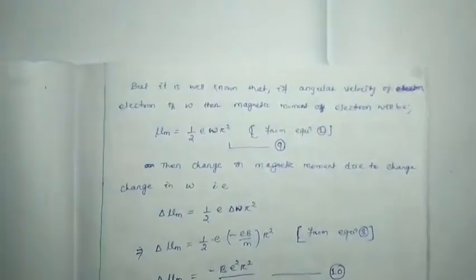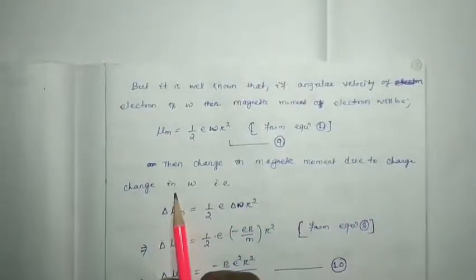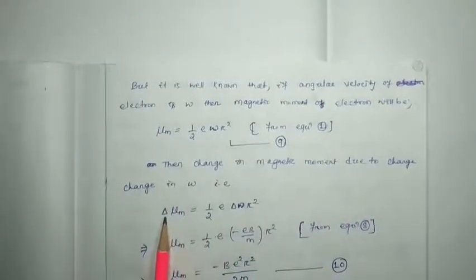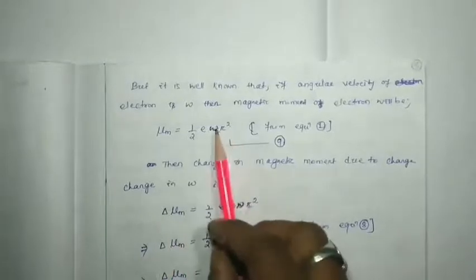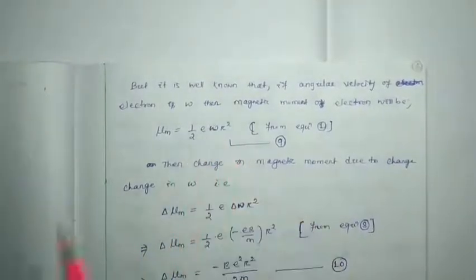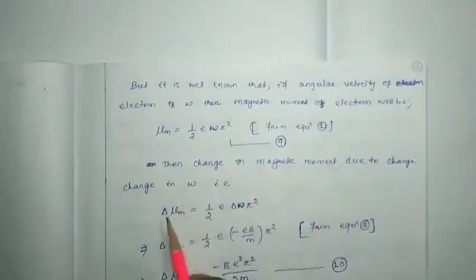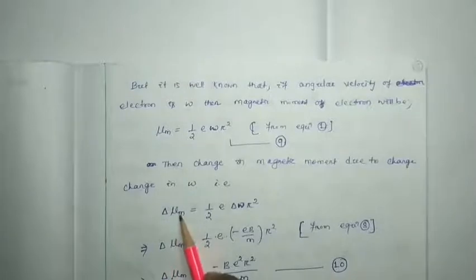Now, the change in magnetic moment due to the change in omega will be how much? Here omega is the angular velocity of the electron. The change in magnetic moment, that is del mu m, where m is a subscript.